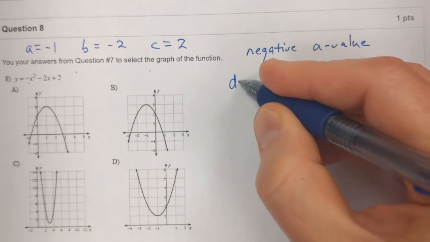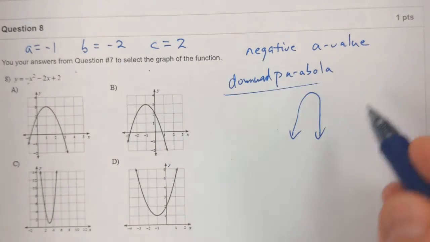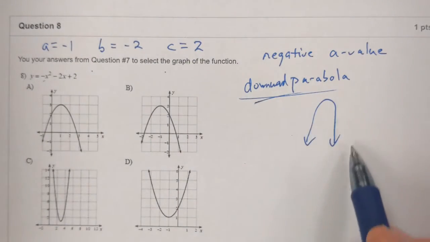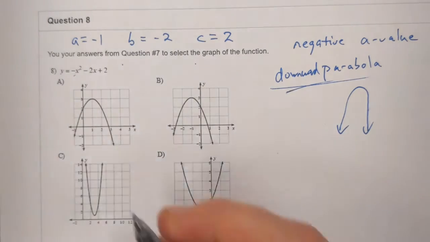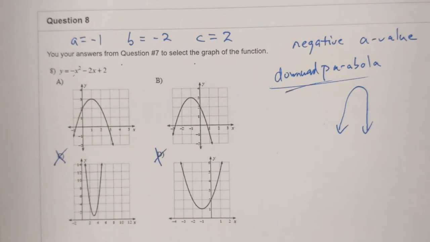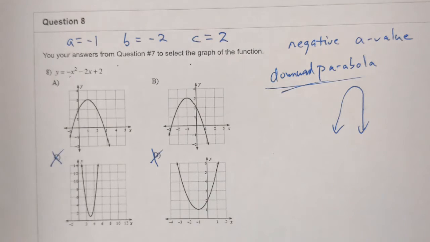You call it a downward facing parabola. I'm just going to say a downward parabola. I can tell you right now, the answer to number 8 is either going to be A or B, because a negative A value means that parabola will open downwards.